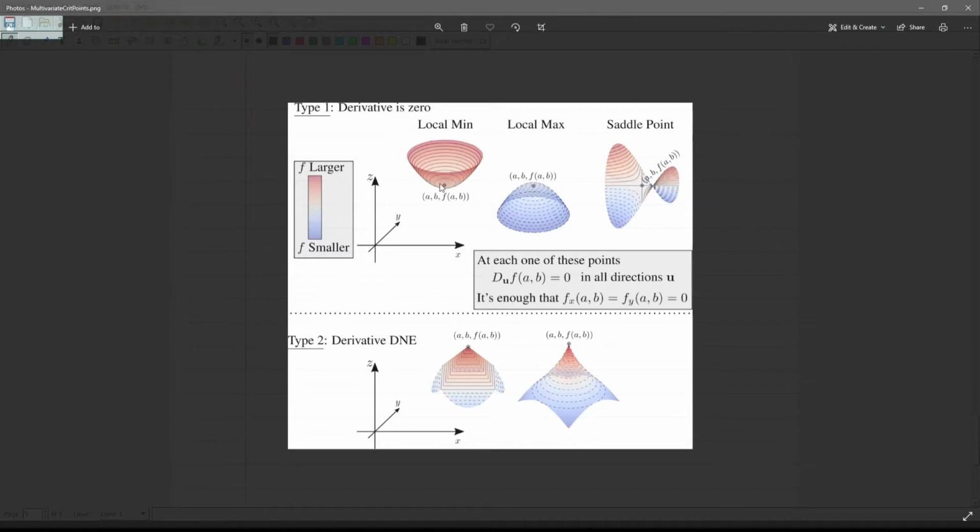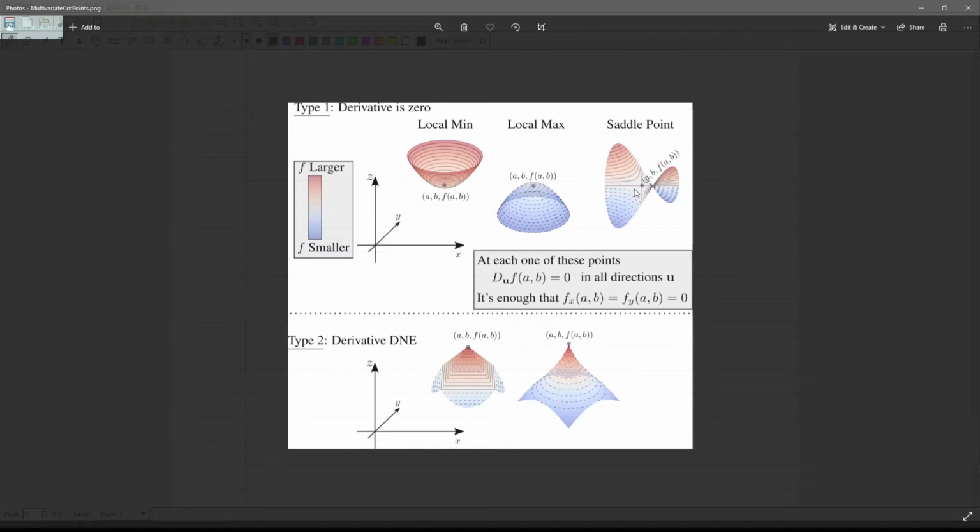But you see very clearly that at a local min, the tangent plane is horizontal on the graph of the function. This is just a plot of what the graph of a function of two variables looks like at a local minimum, and you see very clearly that the x partial and the y partial are both 0 here. Same thing at a local maximum and also at a saddle point. So just because you have a critical point doesn't necessarily mean that you have a local min or a local max. You could also have a saddle, and this is very, very important. It's going to be super important in optimization.